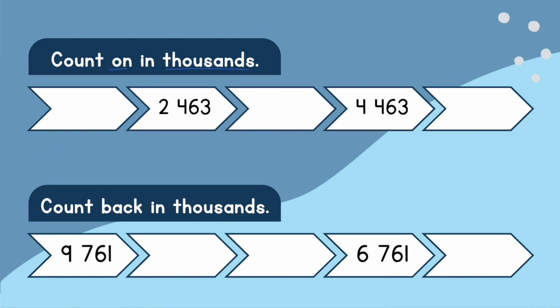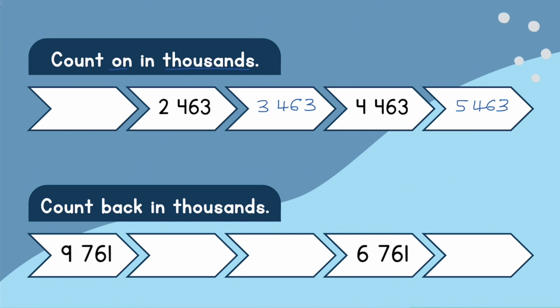So only the thousands change. So after 2 is 3. So here will be 3,463. After 3,000 will be 4,000. And then the last number will be 5,463. Remember, all the other place values such as hundreds, tens and ones will remain the same. Only the thousands will change.